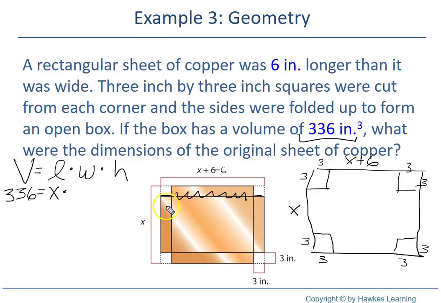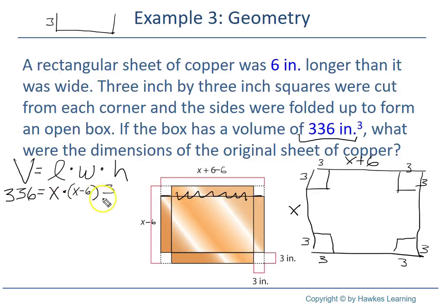Well, originally it was x, but we're taking away, again, 3 inches there and 3 inches there. So this is going to be x minus 6. And our height, once this is folded up, is going to be 3 inches. So that's our height.